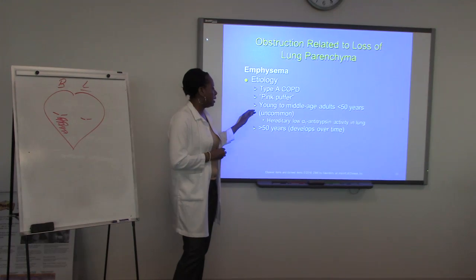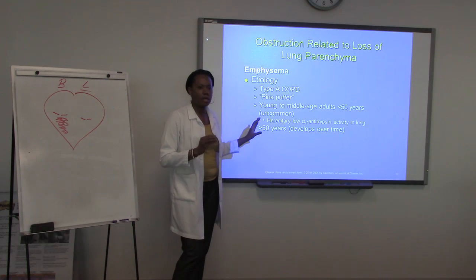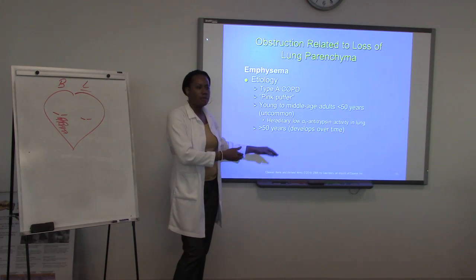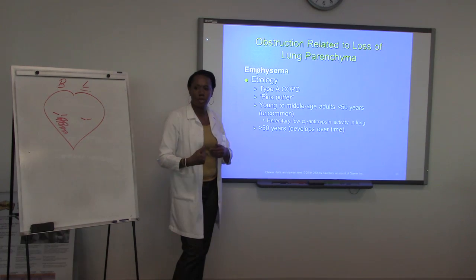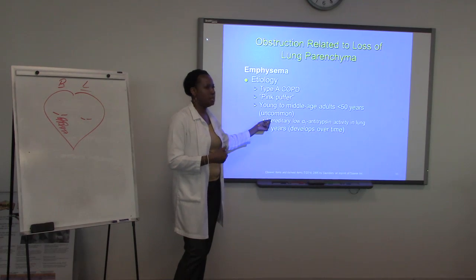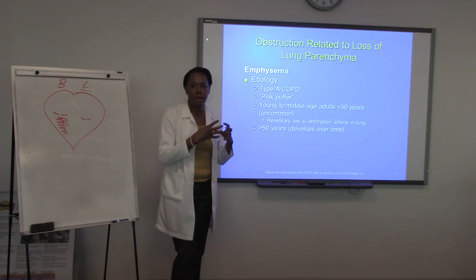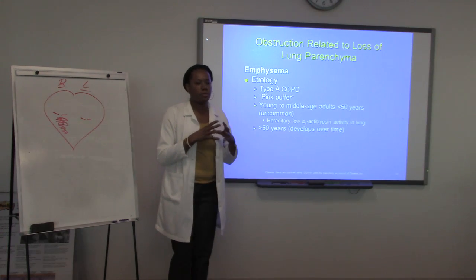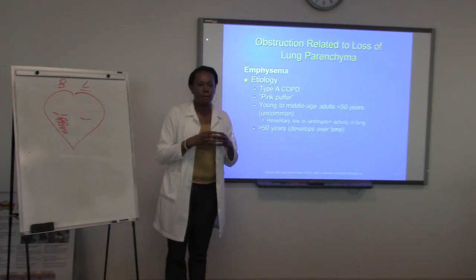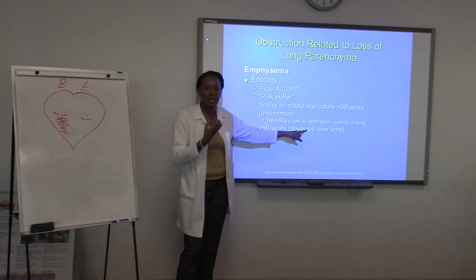So they say emphysema is actually diagnosed more commonly over 50. If a person develops emphysema when they're younger, it's usually because of the alpha antitrypsin around the alveoli that they don't have. So just to refresh your memory, if you went over this in physiology, alpha antitrypsin is what makes up surfactant.